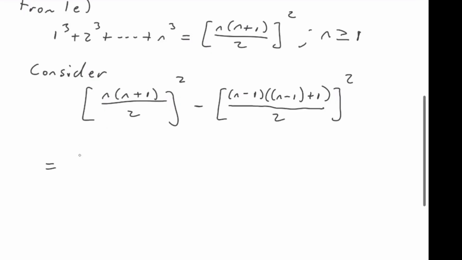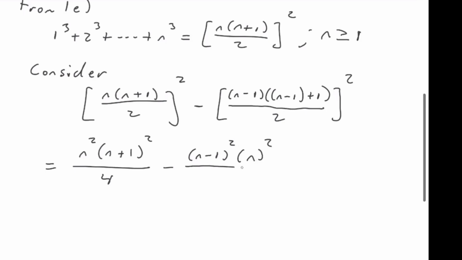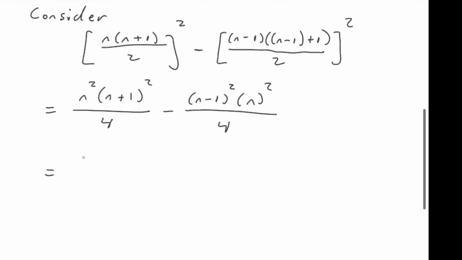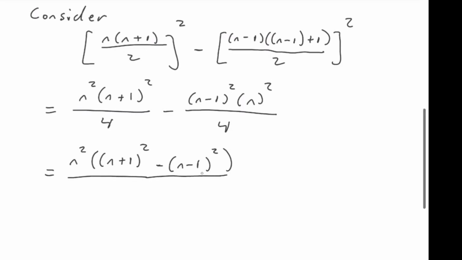So I can see this is going to be n squared, n plus 1 squared over 4 minus n minus 1 squared, and then this will be n squared over 4. So we can factor out an n squared. I can see that, n squared. And I'm left with n plus 1 squared minus n minus 1 squared over 4.